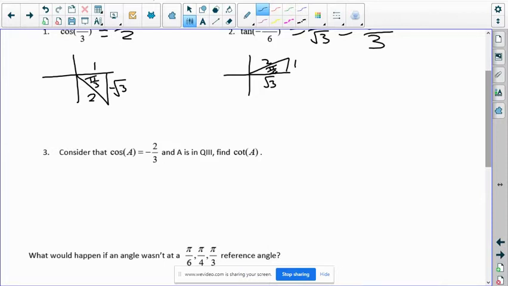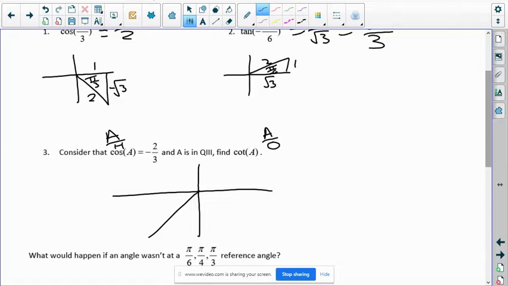But we do know A is in quadrant 3. So since angle A terminates in quadrant 3, we know it's over here, and cosine is the adjacent compared to the hypotenuse. Well, cotangent is the adjacent compared to the opposite, that ratio.